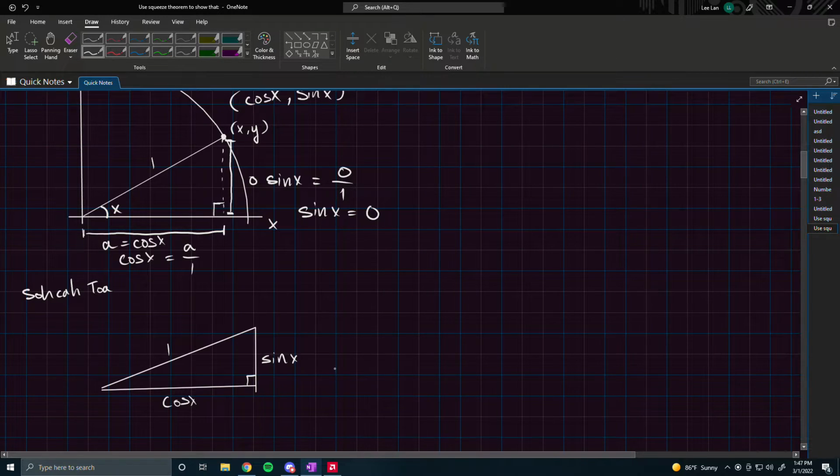What we're interested in is the area of the triangle. The area of a triangle is equal to 1/2 base times height. So the area of the triangle is 1/2, the base is cosine x, and my height is sine x.